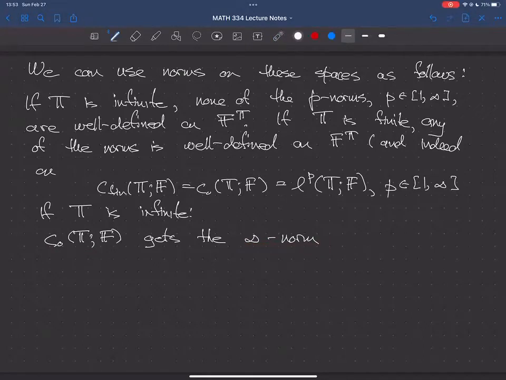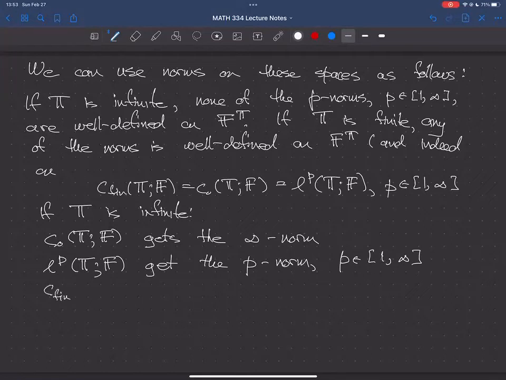L^p gets the p norm, of course, and that statement holds for every p. And then the remaining one is c finite.